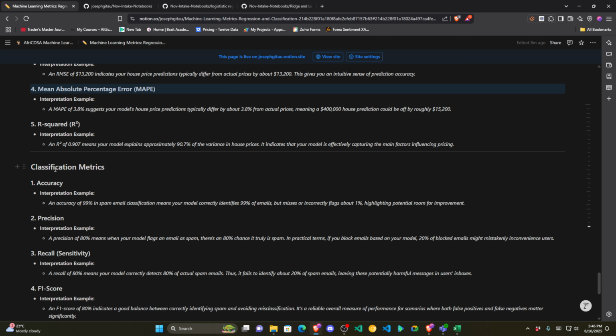For MAPE, a MAPE of 3.8% suggests that your model's house price predictions typically differ by about 3.8% from actual prices, meaning that a house that is priced at 400k, the prediction for that house will roughly be off by 15,200. That's basically what it means. Okay, so that's how you interpret it.